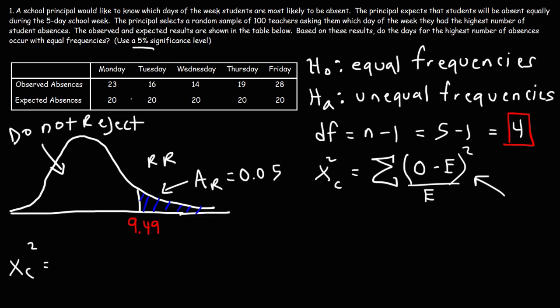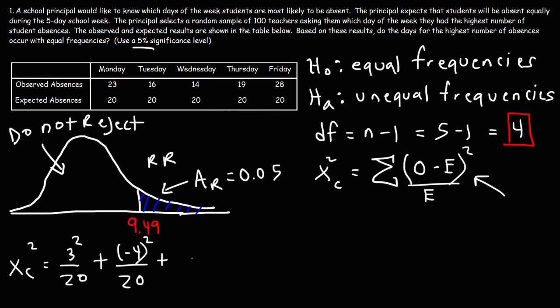So starting with Monday, if we take O subtracted by E, that's 23 minus 20. So that's going to give us 3 squared divided by the expected value of 20. Next, for Tuesday, O minus E, that's 16 minus 20, which is negative 4. But when you square it, it's going to become positive, divided by E, which is 20.